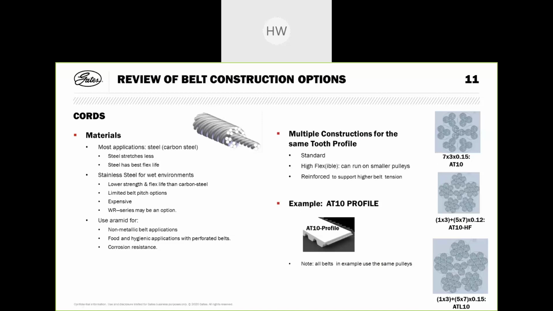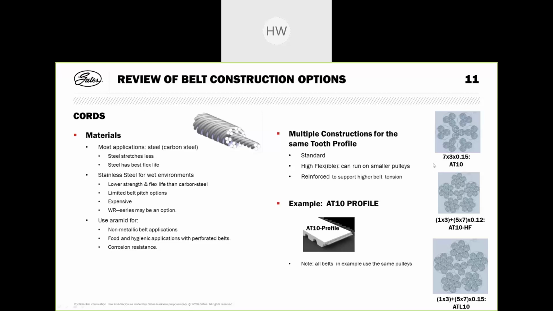And that means the cord is composed out of 7 single strands, 1, 2, 3, 4, 5, 6, 7. And each strand is composed out of 3 wires. So that's how it's designed, 7 by 3. And each single wire has a diameter of 0.15 millimeters. This is a standard cord for 8010 belt or for HDD 8M belt.